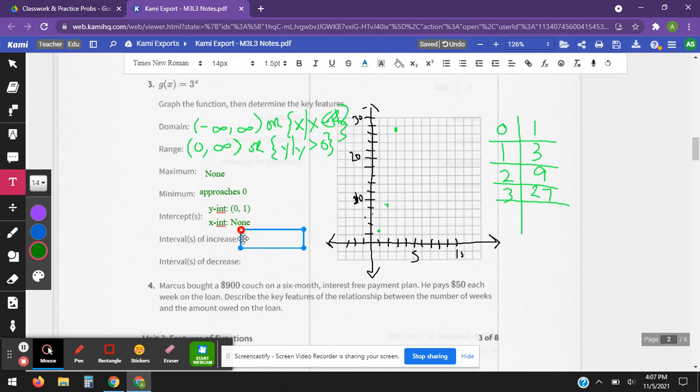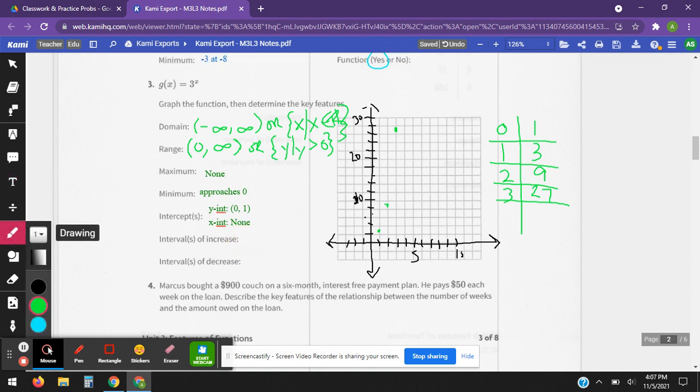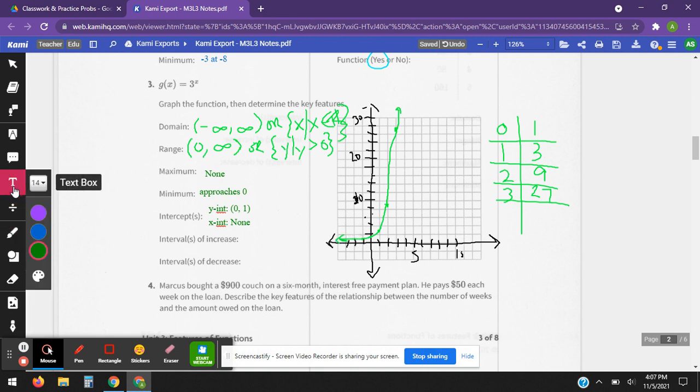Intervals of increase. I'm going to put my line back on here. I don't know what happened to my line. So I'm going to draw them back on here. Oh my goodness, that was bad. Try again. That's a little more accurate. Okay. Intervals of increase.